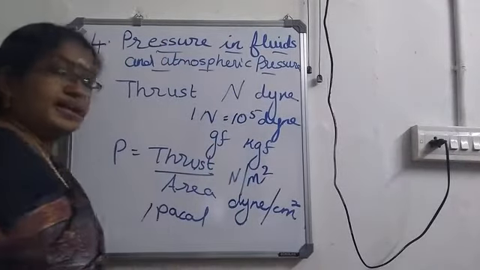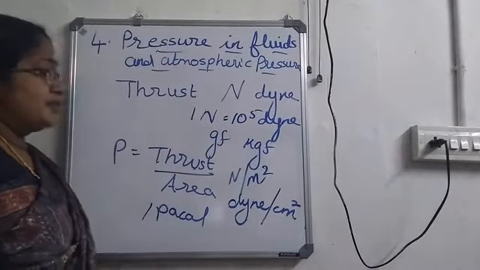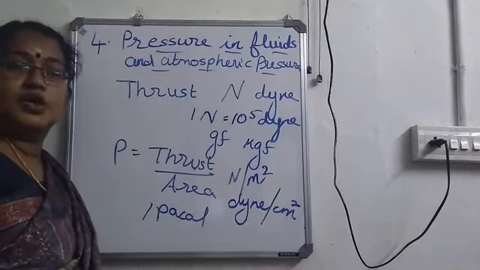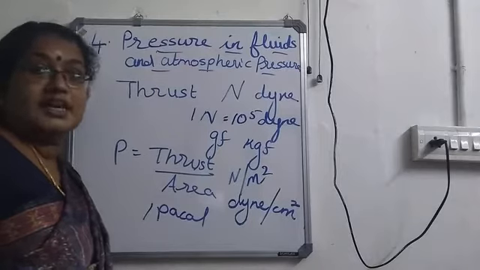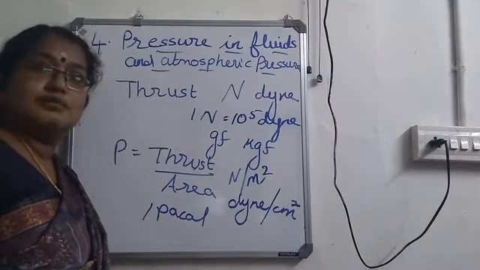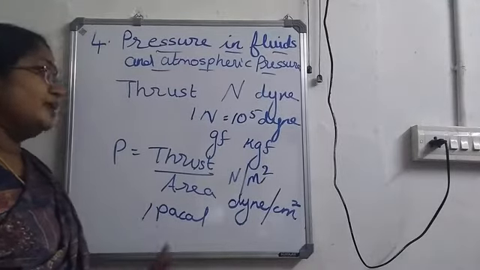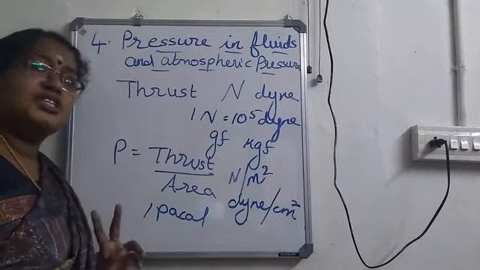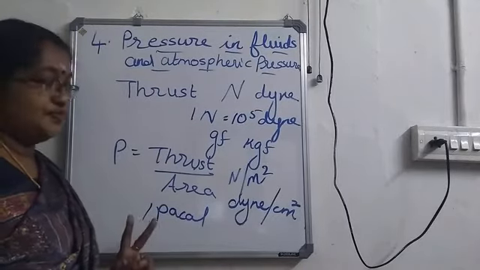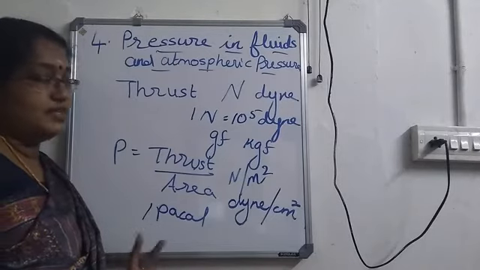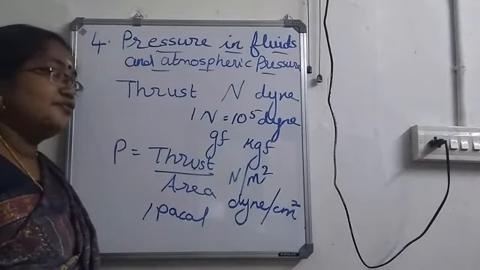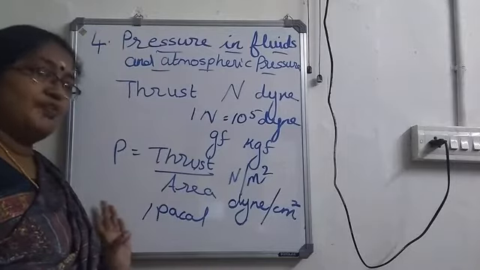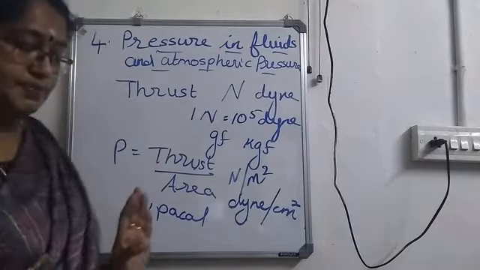Now, we have to define 1 Pascal. How can we define it? From this equation, you have to define it. Already I told you how to define a unit: units are often defined in terms of the equation. So, 1 Pascal is the pressure acting on a surface of area 1 meter square when a force of 1 Newton is exerted on it.